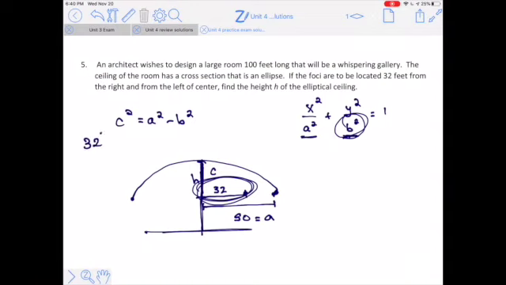So c squared, that would be 32 squared, equals 50 squared minus b squared. And from there, it's a pretty easy equation, I would say, to solve. So essentially b squared is 50 squared minus 32 squared.